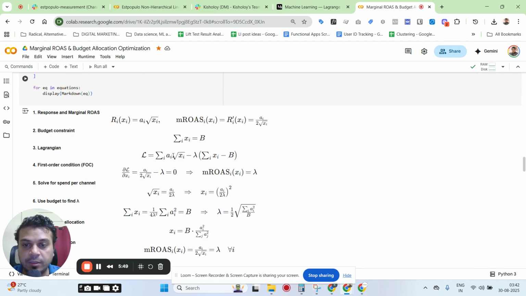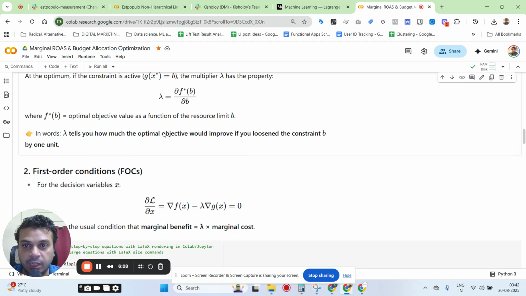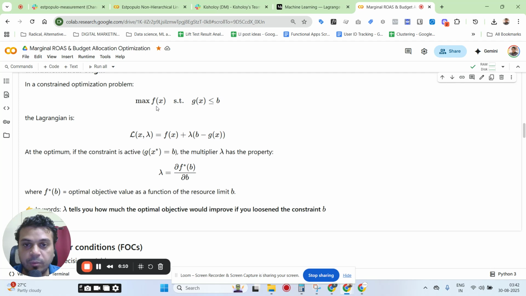Because in our case, if you remember, this is r(x), which has been defined as this coefficient and root over x_i. So different channels have their spends, and you also have a_i, which are the different coefficients for each of these channels. So f(x) becomes that one.